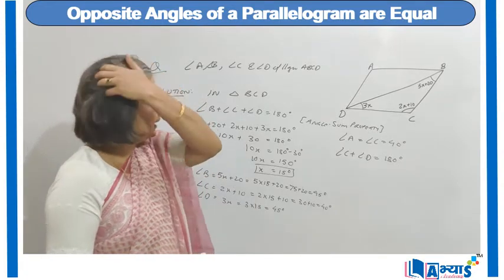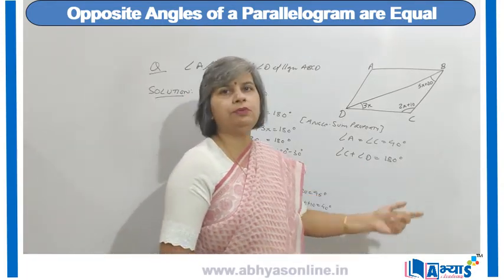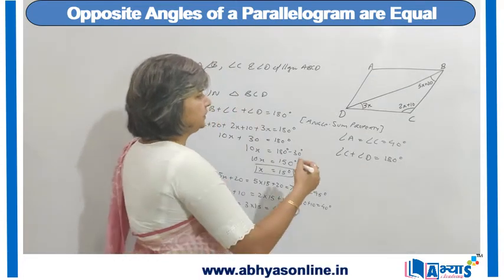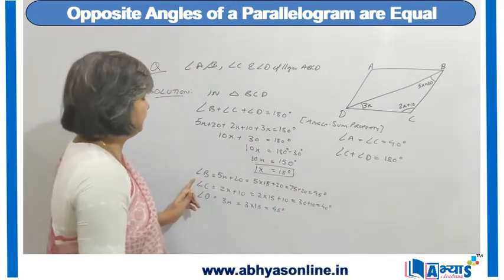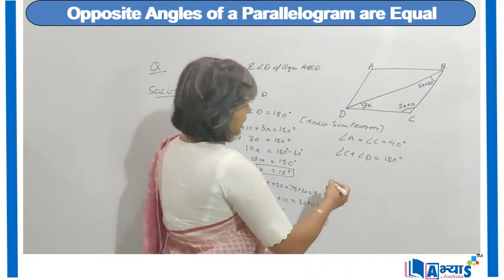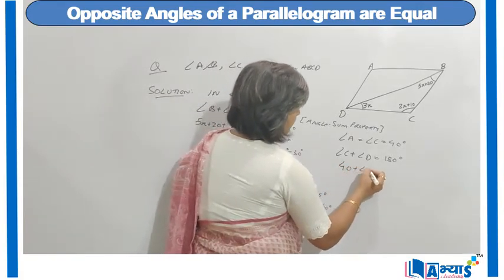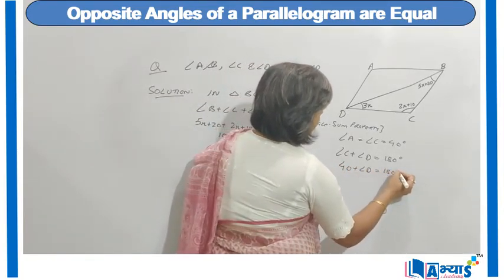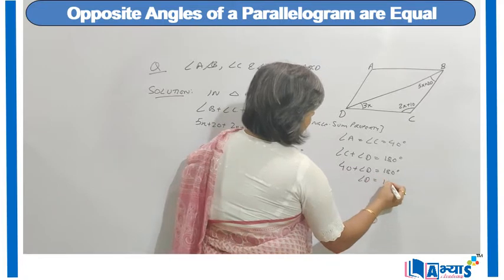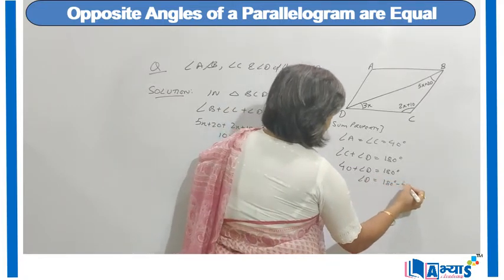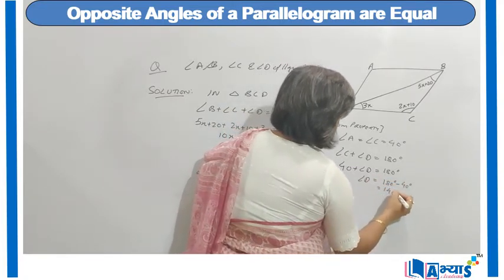So we can say that angle C plus angle D will be equal to 180 degrees. I will substitute the value of angle C, which is 40 degrees. So I will get 40 plus angle D is equal to 180 degrees, or angle D will be equal to 180 degrees minus 40 degrees, that is 140 degrees.